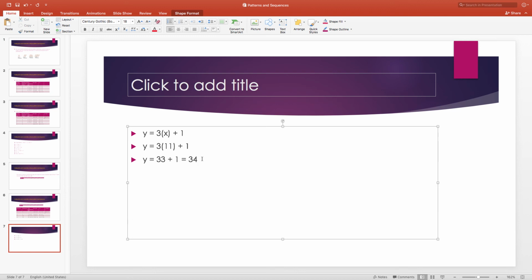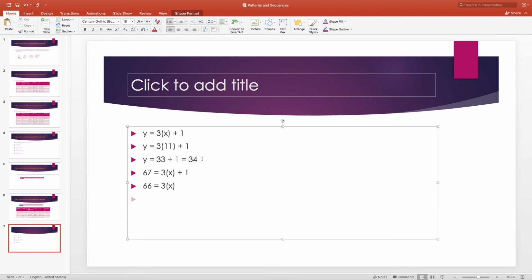And if I knew that the value of a term was, say, 67, so 67 equals 3 times x plus 1. So again, I'm going to subtract 1 from both sides, so that gives me 66 equals 3x.